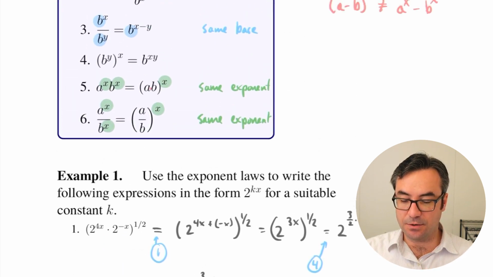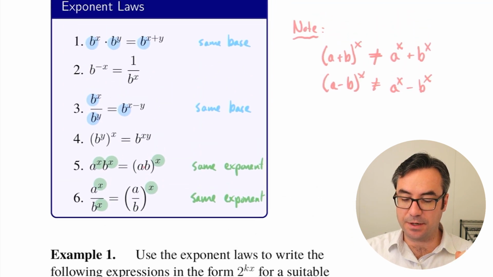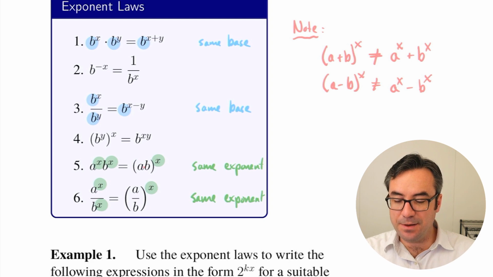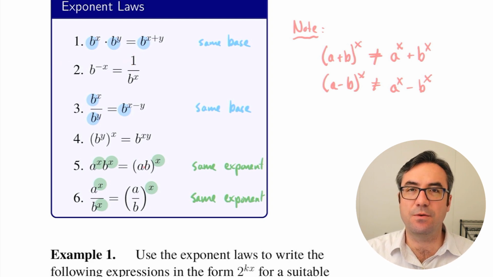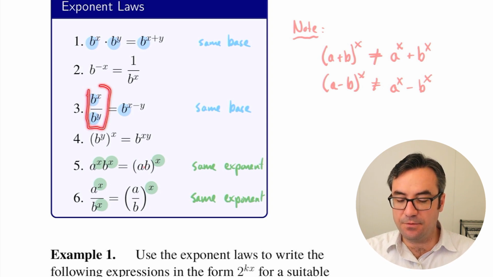All right, so let's go up. Which one of these properties, first of all, involves a fraction? Maybe this one, but we don't have a 1 on the top of our fraction. This one involves a fraction, but in this one, the base terms have to be the same.